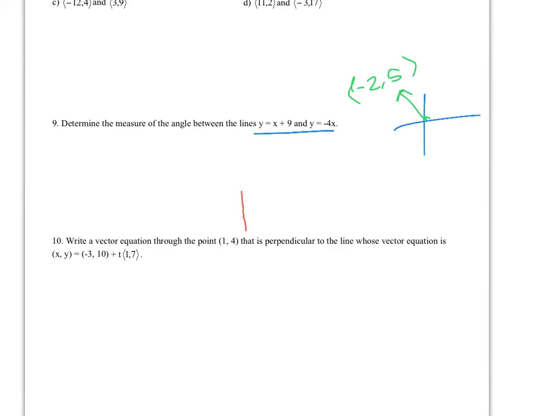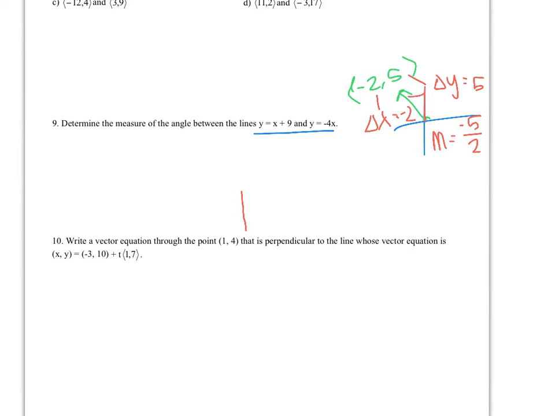So this means that the change in y is 5, and the change in x is -2. So that vector right here has a slope of -5/2. That should make sense: down 5, right 2, or up 5, left 2.